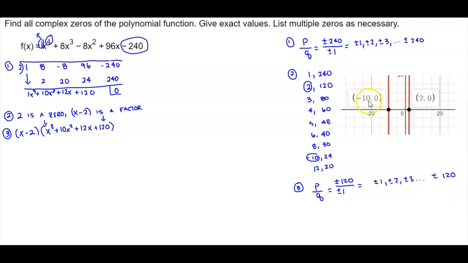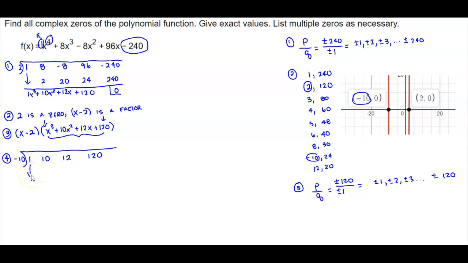Now, you can see here that negative 10 is the other 0. So let's confirm that negative 10 is a 0 of this function. We have 1, we have 10, we have 12, and then we have 120.